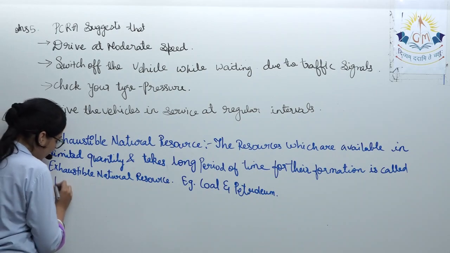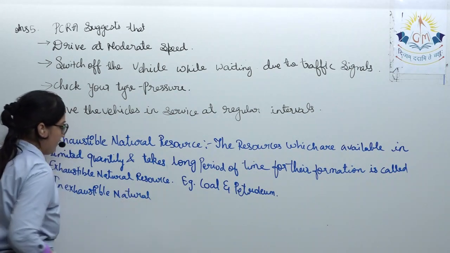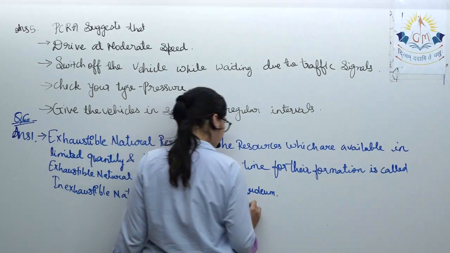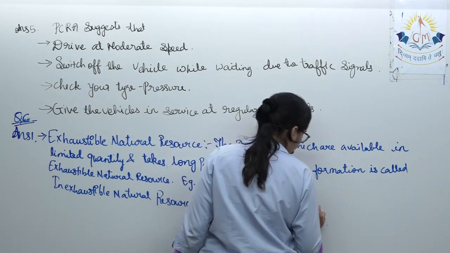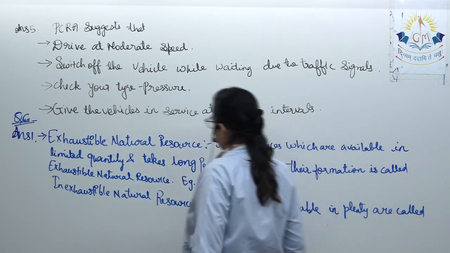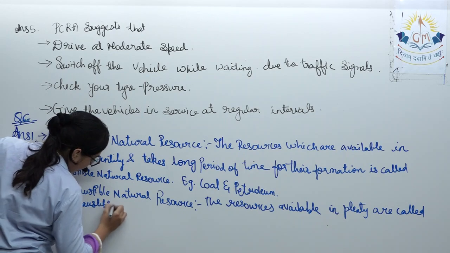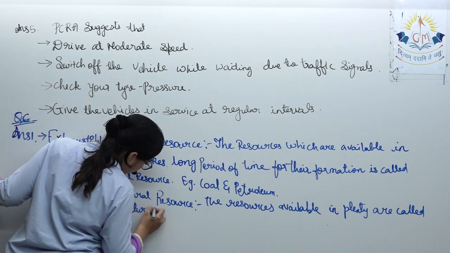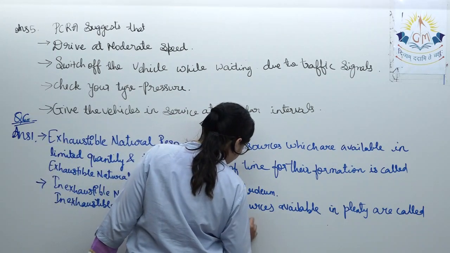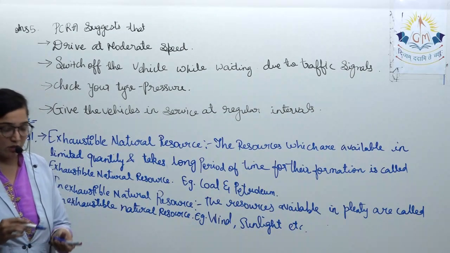The next one, inexhaustible natural resource. If we talk about its examples, then they are wind, sunlight, etc. Okay, so these are the answers that you have to note down.